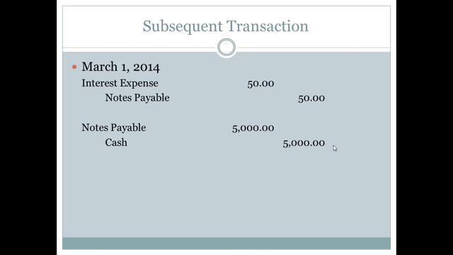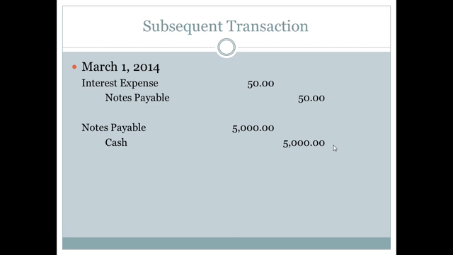So those are the major issues that are of concern when we are dealing with a discounted note payable. The key to remember is that discounted notes payable will very often not have any specified or explicit interest rate.